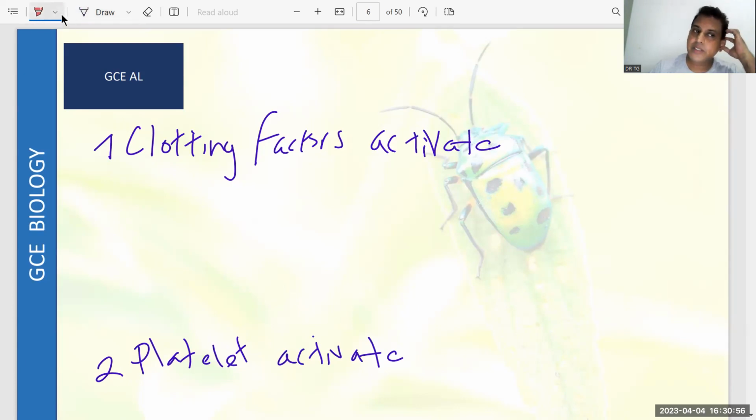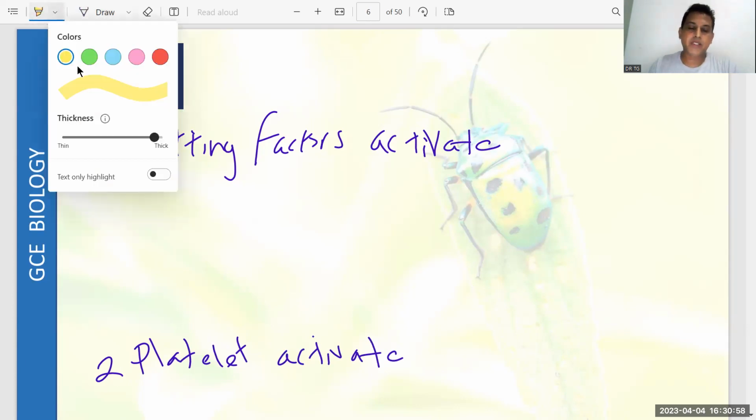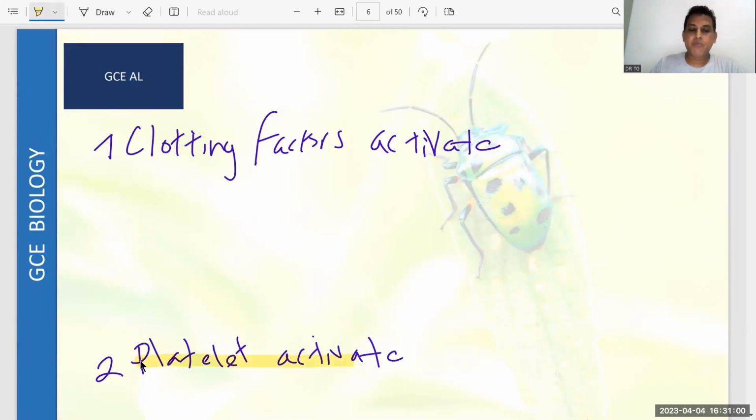Okay, now you have learned how this activation happens. If platelets bind to the collagen, then platelets get activated. And if clotting factors come into contact with collagen or tissue factors, then the clotting factors will activate.